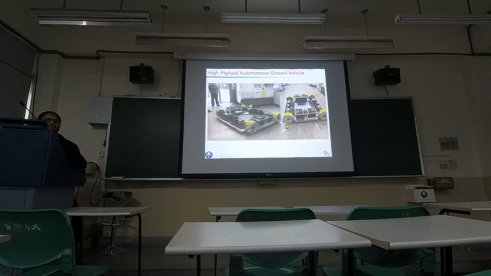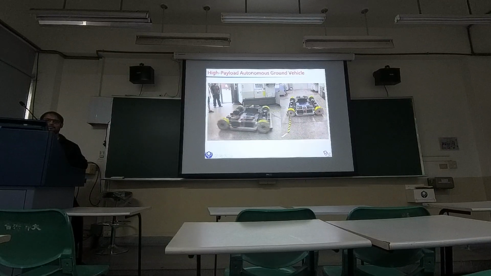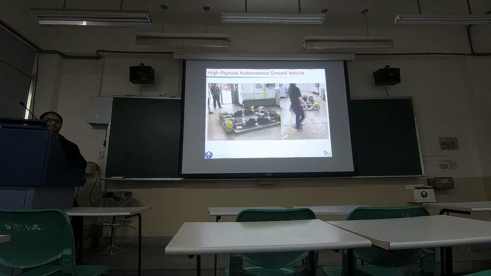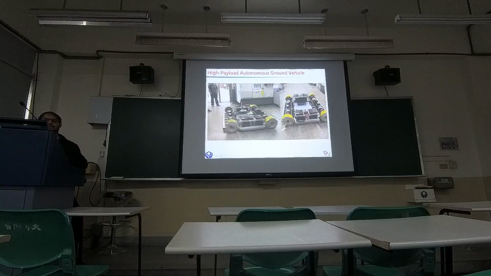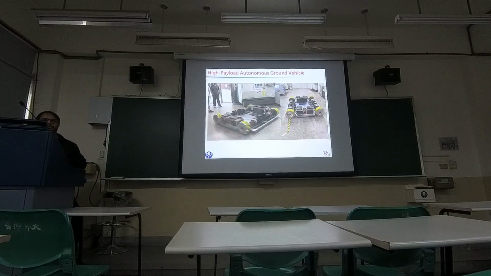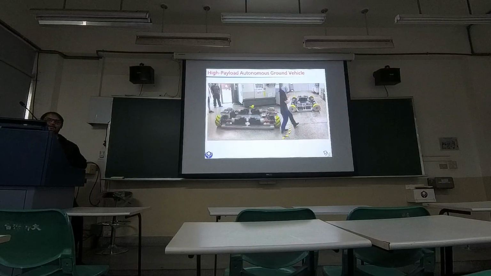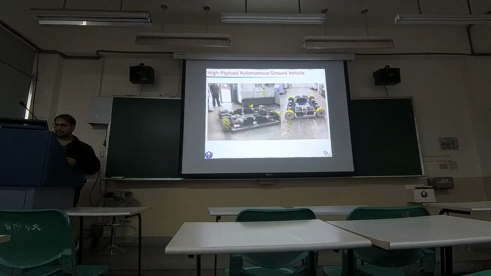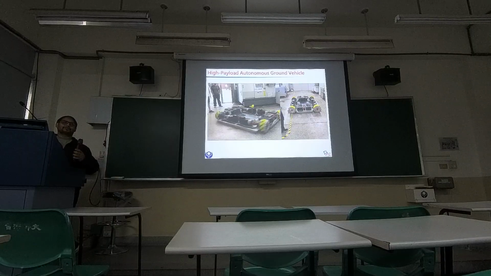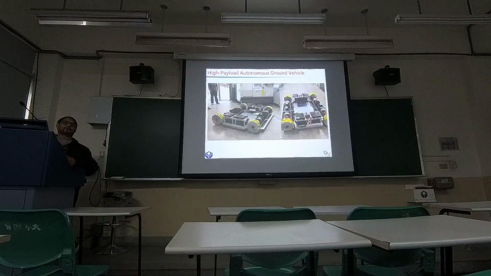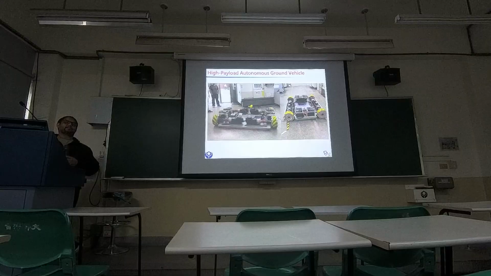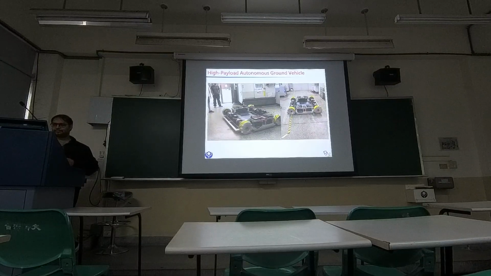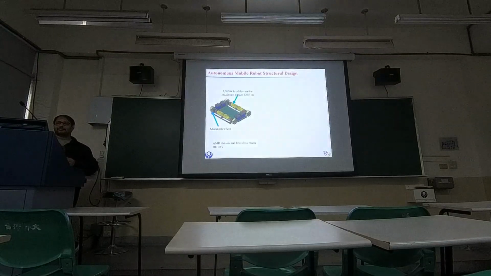It has 4 wheels with 4 motors, which power each wheel separately with a battery. So this was the starting point of the high payload ground vehicle, which was the motivation to develop a mobile manipulation robot.